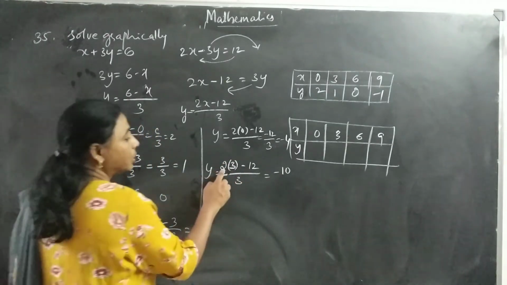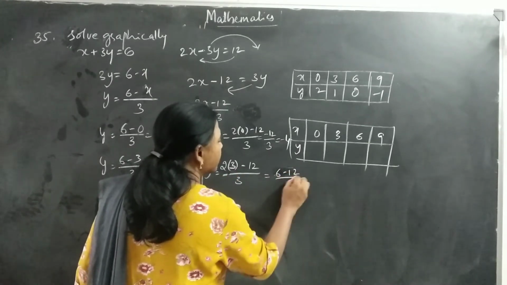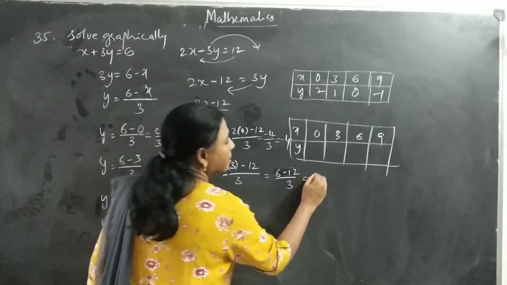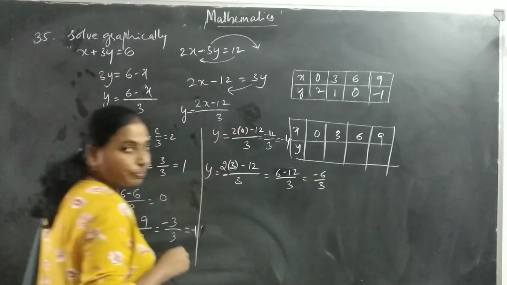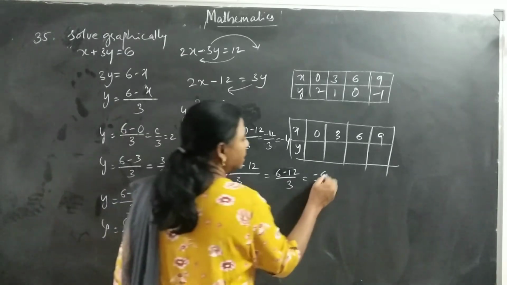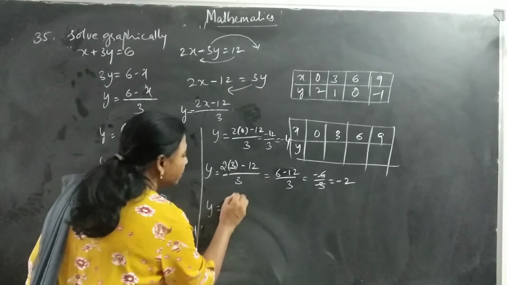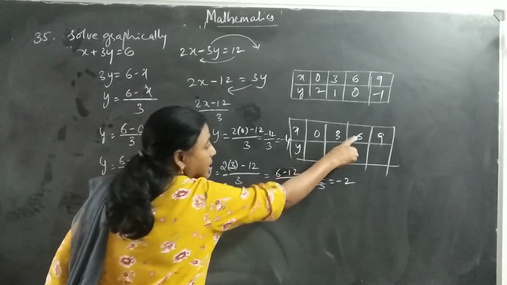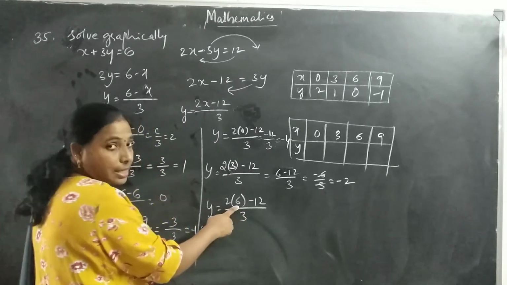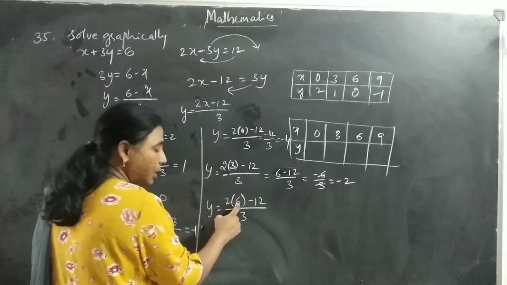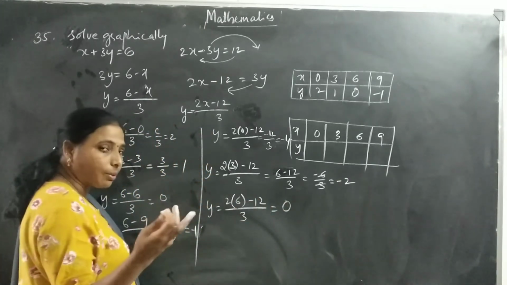So 2 3s are 6. 6 minus 12 is minus 6. So 3 twos are 6, so minus 2. Next, let me take x as 6. 2 6s are 12. 12 minus 12 is 0. 0 by 3 is 0.